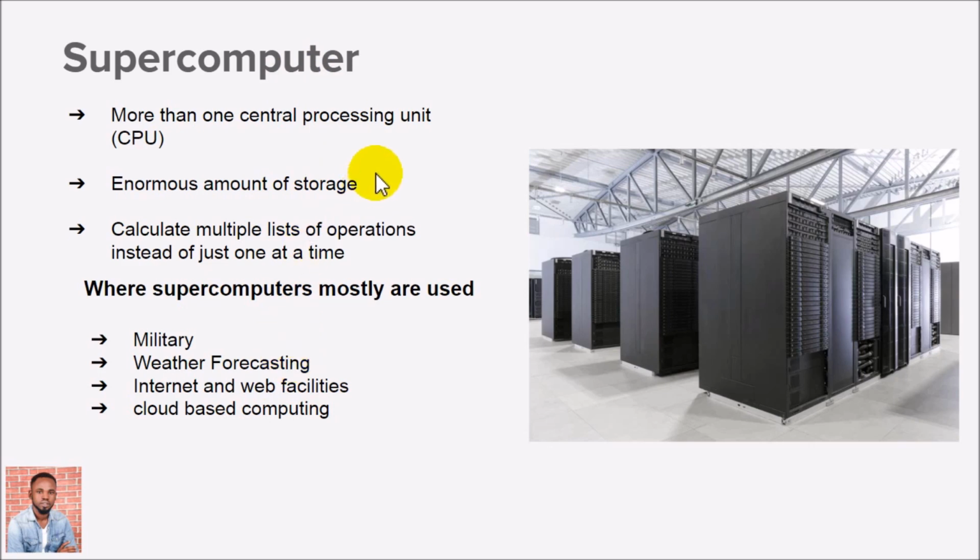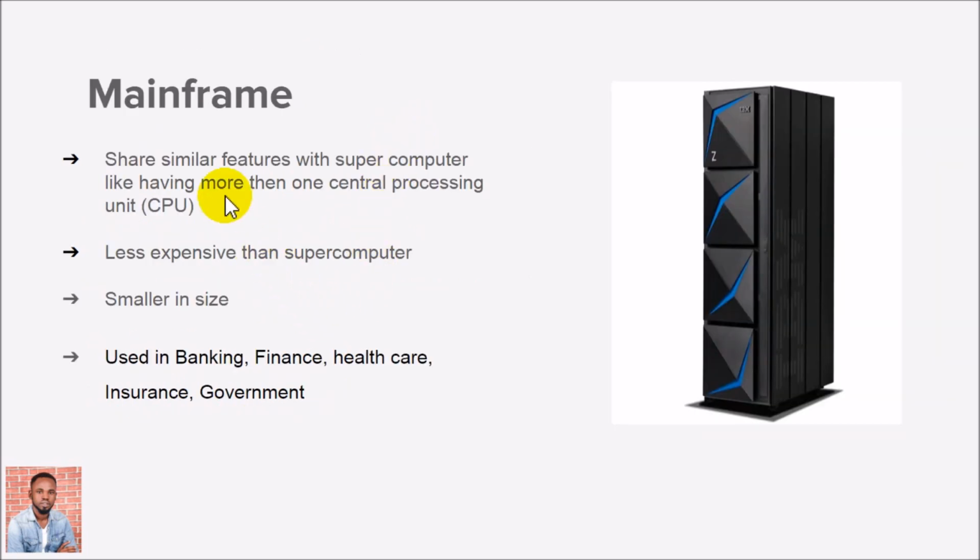Based on size, the other size of computer you find is the mainframe. Now mainframes share similar features with supercomputers, but they are smaller, like a fridge size or a cupboard size. So they're also very fast. They have more than one processor, and that actually makes them faster. They are less expensive because they are much smaller.